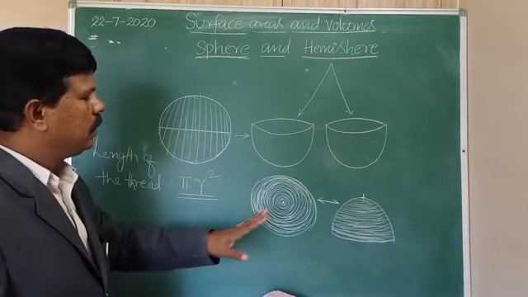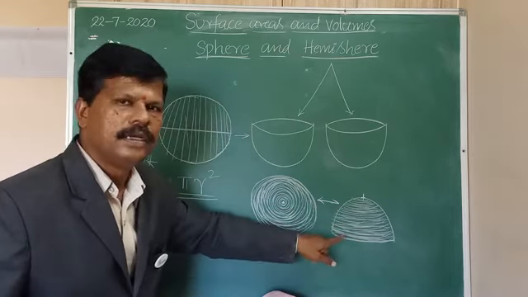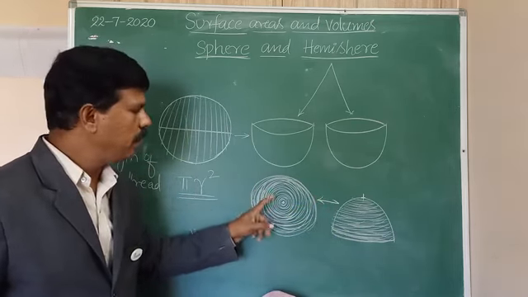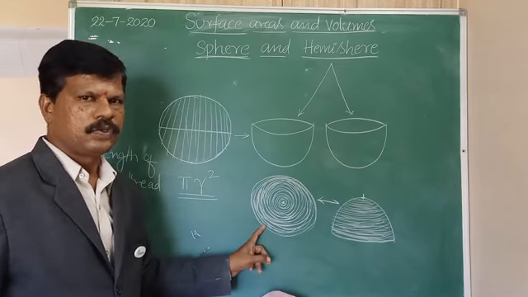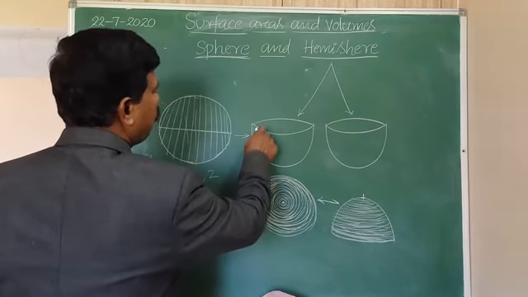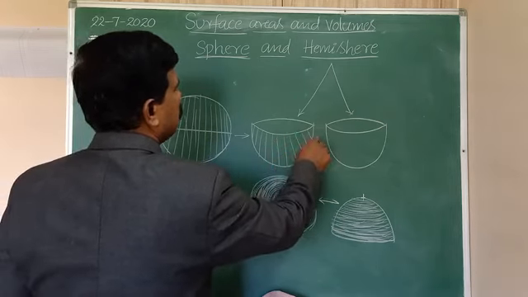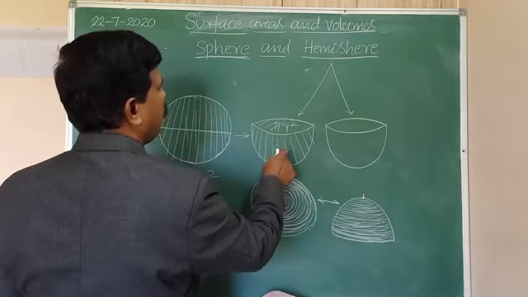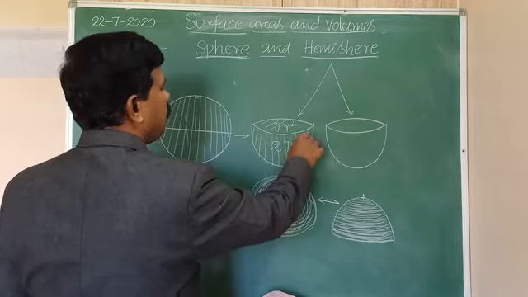Do you understand? Here the length of the thread used to cover this part is double the length of the thread required to complete the circular region. So from this you can conclude that the area of this part is pi r square and this part is exactly 2 pi r square.